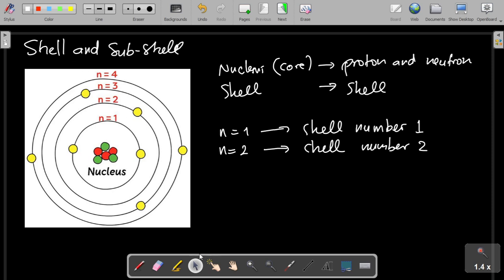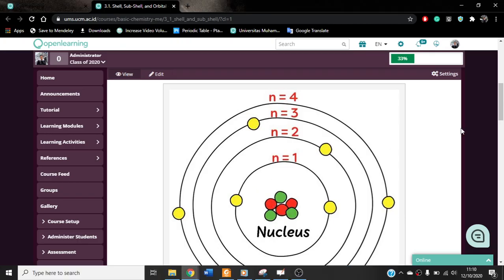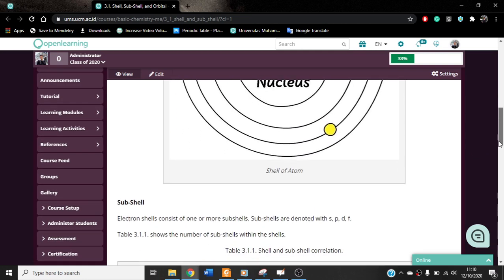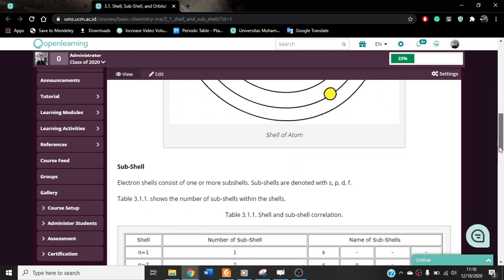Then we also have something called a subshell. The subshell is like a room inside the shell.